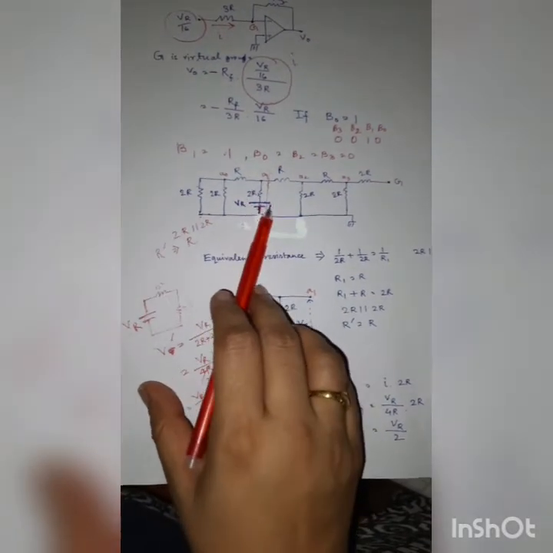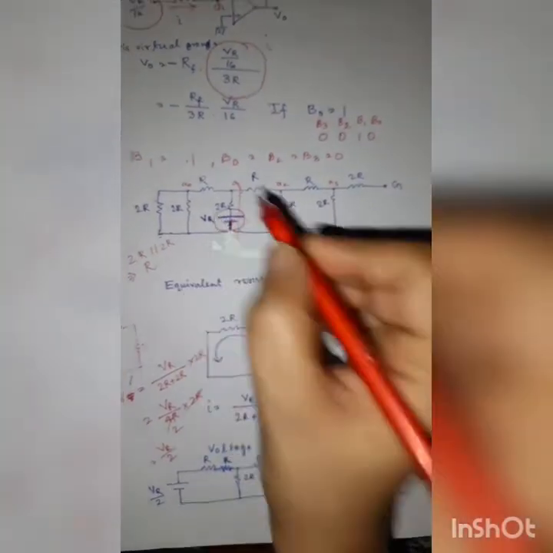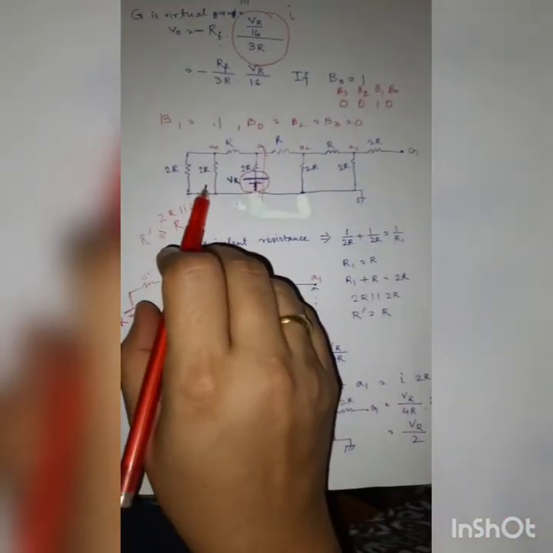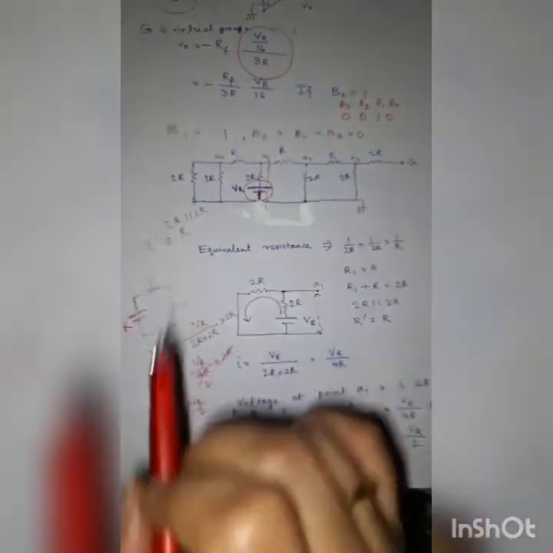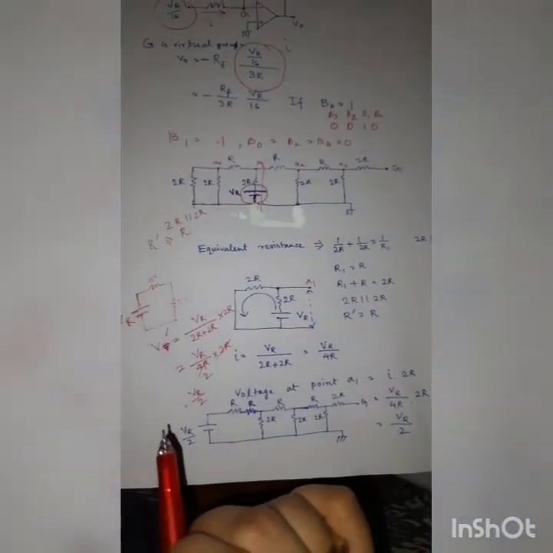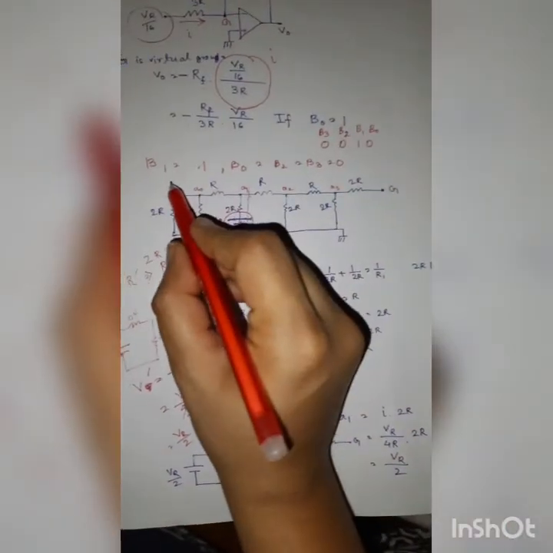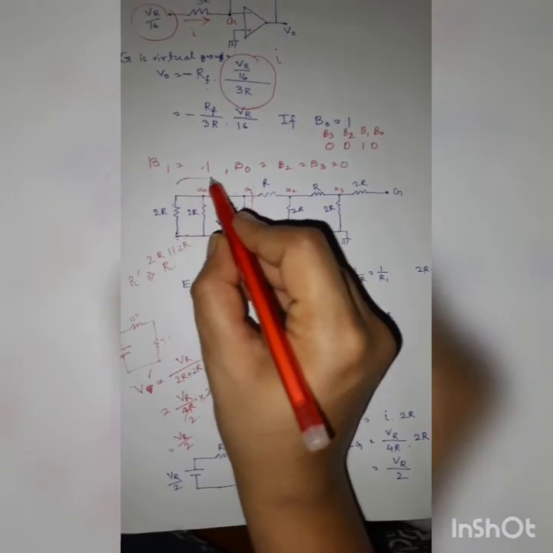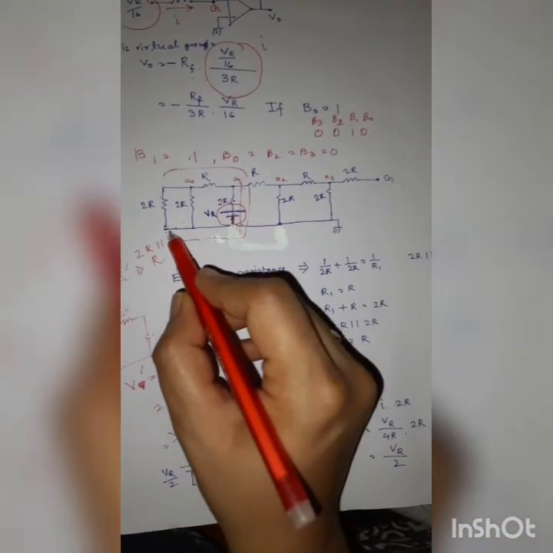So this point is connected with VR, and all other points are grounded. Here is the power supply. Now what we have to do is calculate the voltage for this whole circuit.